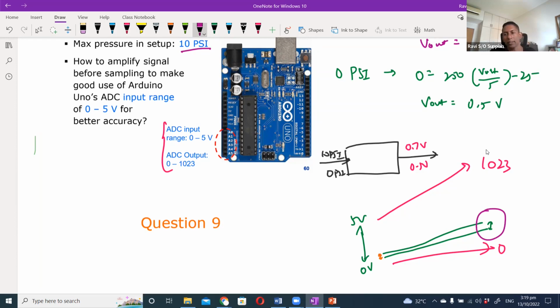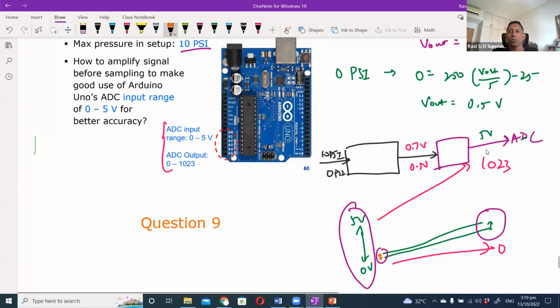So to maximize the ADC that we have, we need to go back to maximizing this. How do I take this small range and expand it? What we want is to take this 0.5 to 0.7 and pass it through something else before I go to the ADC. Since the ADC is expecting a value of 5 volt maximum, I can choose to maximize my maximum value, which is 0.7, to 5.